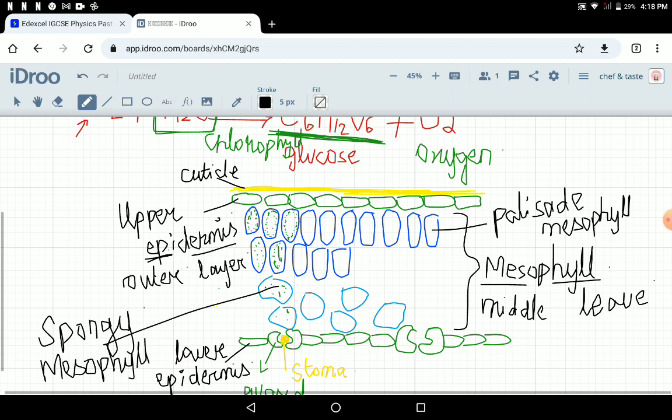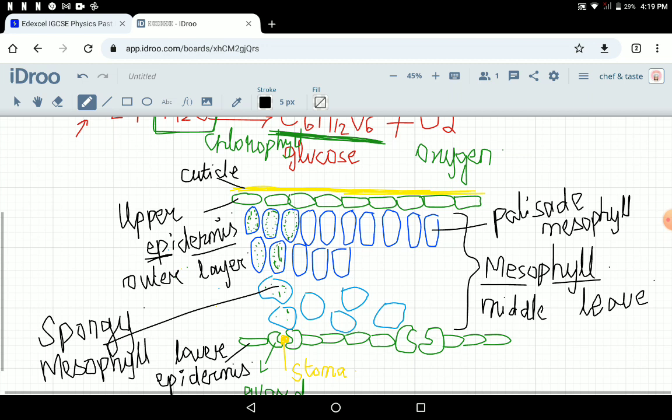What's the difference between them? Palisade mesophylls have an elongated shape, while spongy ones are irregularly shaped. Spongy has fewer chloroplasts, while palisade is highly concentrated in them. Sorry, I used the word stomata instead of chloroplast.